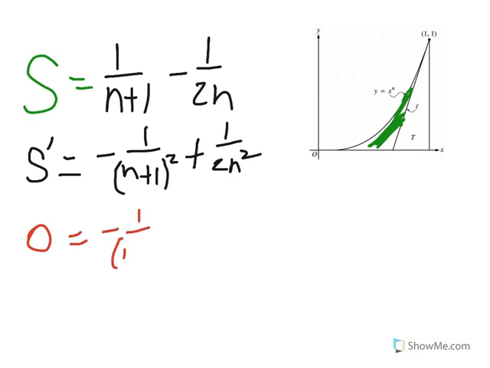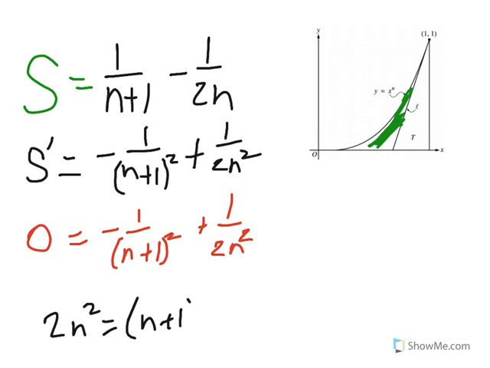And then we can turn this into a proportion. You can see we're doing a little algebra and a proportion here that we can make. That's 2n squared, by the way. We can turn this into 2n squared equals (n plus 1) squared. Take the square root of both sides. We get the square root of 2 times n equals n plus 1.